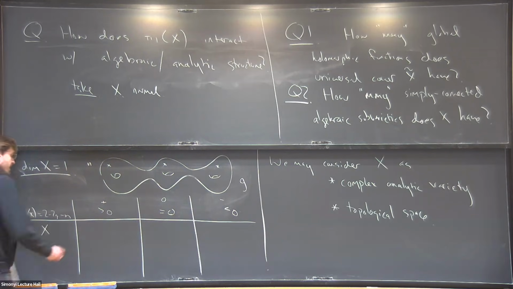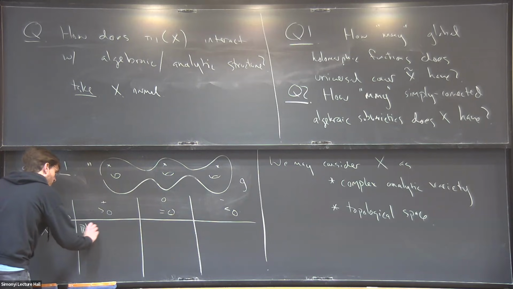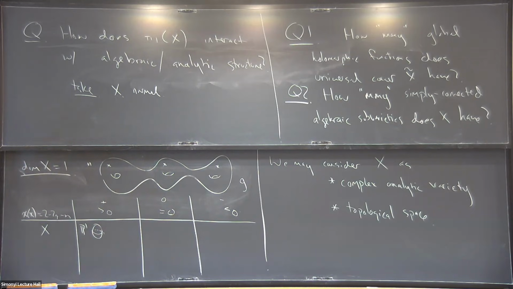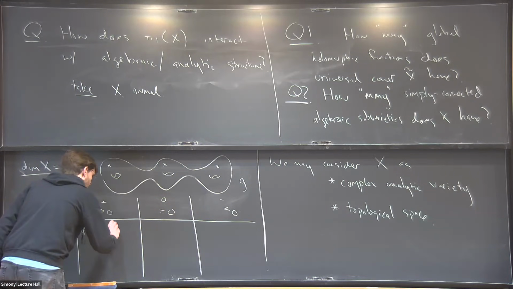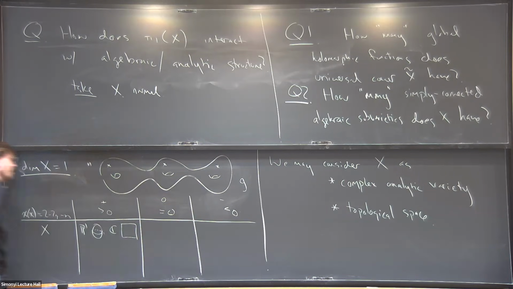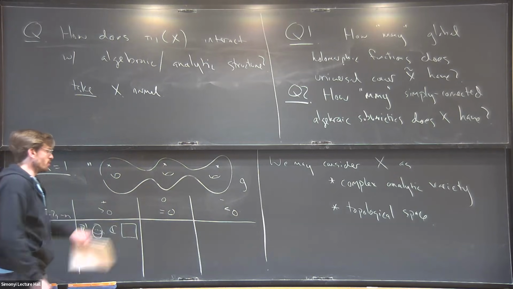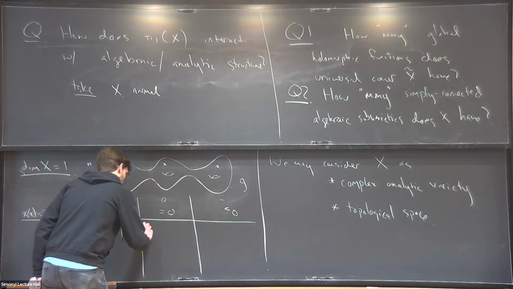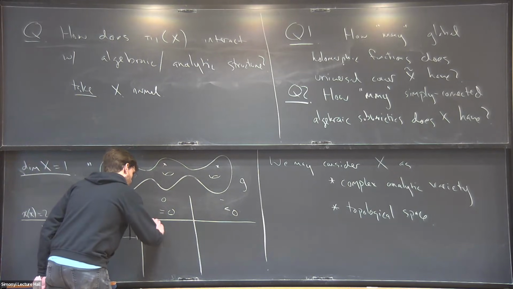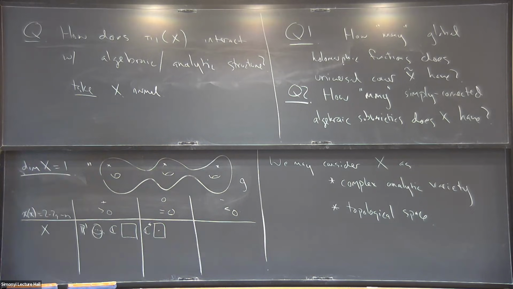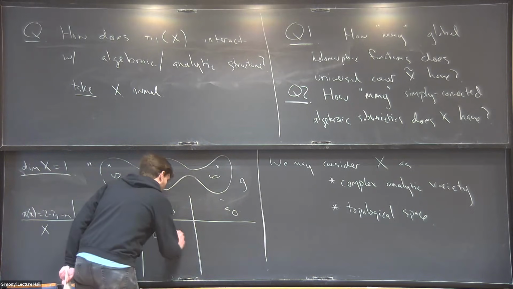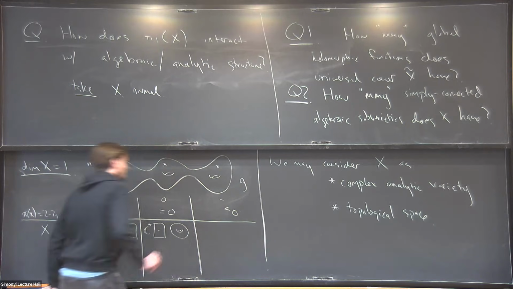Well, in this case, I can have the Riemann sphere. Or I can puncture the Riemann sphere once and get just the complex plane. If I puncture another time, though, the Euler characteristic becomes 0, so that's over here. So that's C star, the punctured complex plane. Or I could take a genus 1 Riemann surface, no punctures.